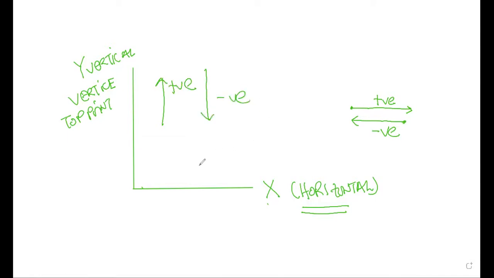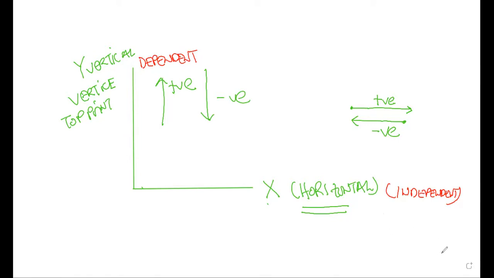We all know this. Now, those of us who have done mathematics in high school know that this is always the independent axis, right? By definition in mathematics, the horizontal axis is the independent axis. By definition in mathematics, the vertical axis is the dependent variable.